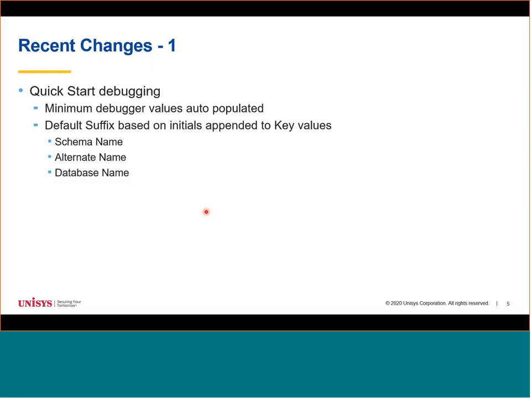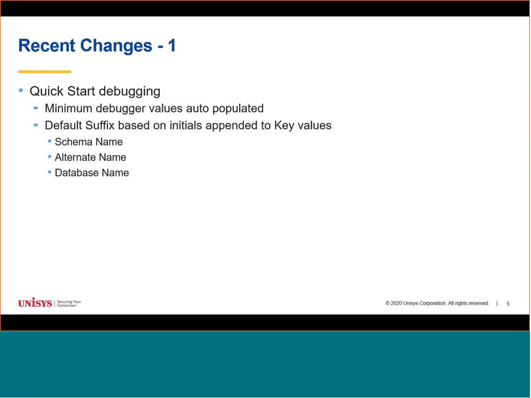So when you look inside the admin tool, you would see that particular name specified. The other thing about alternate name is it has to be unique on the actual machine. Database name is the name of your SQL Server database that you are going to use for debugging purposes.